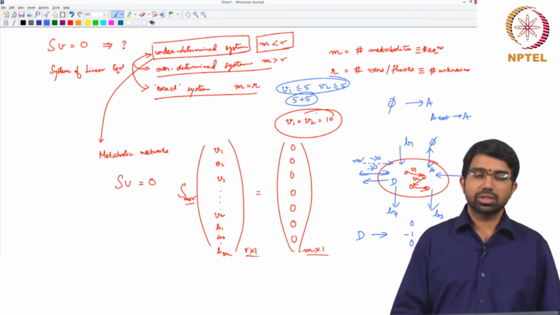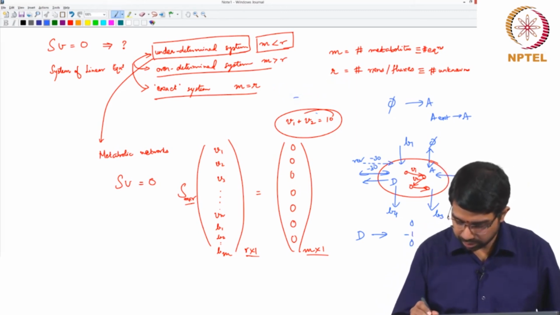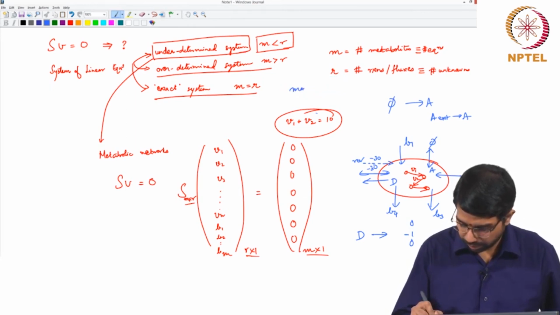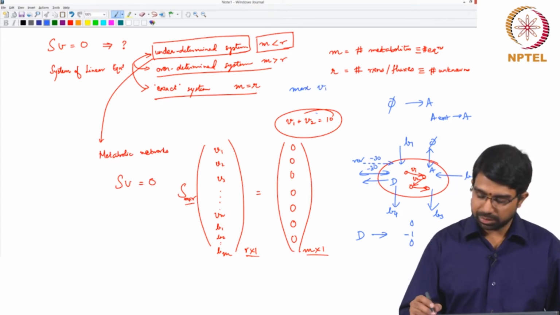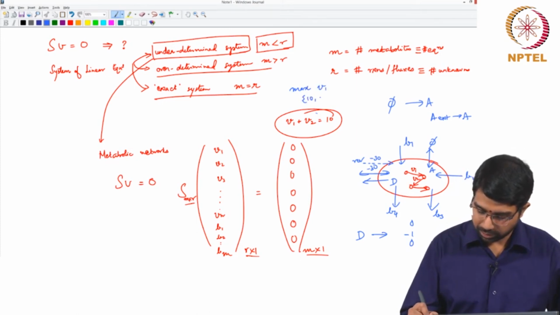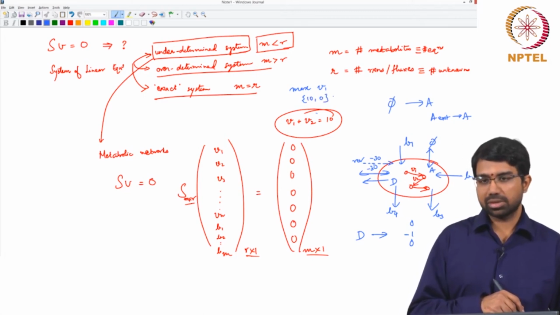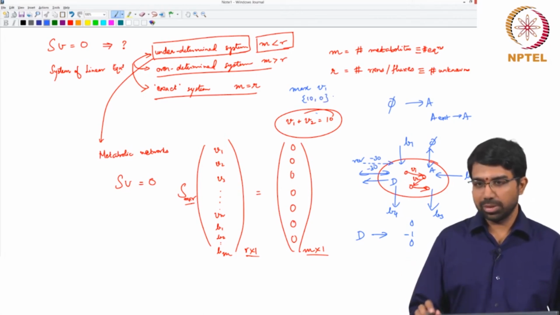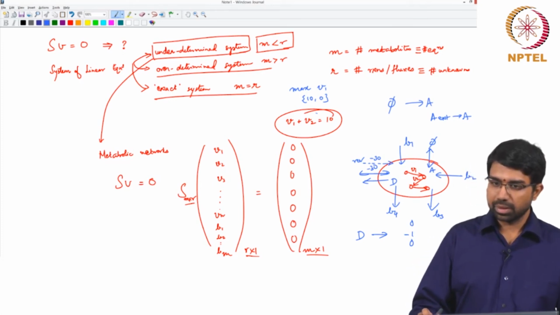So usually we resort to maximizing something. Let us say solve this subject to max V1, then the answer is very simple, 10, 0. Solve this subject to max V2, 0, 10, right.